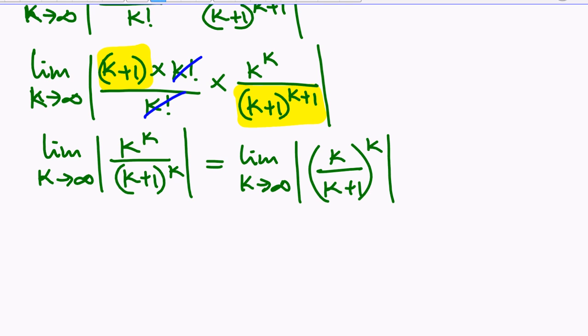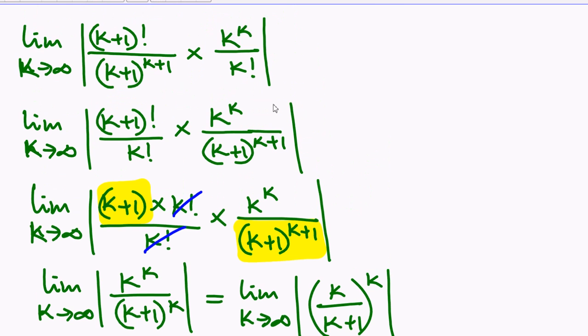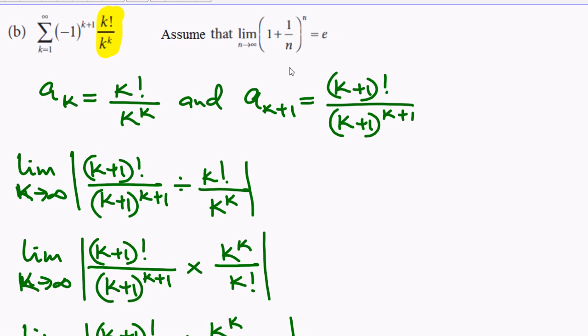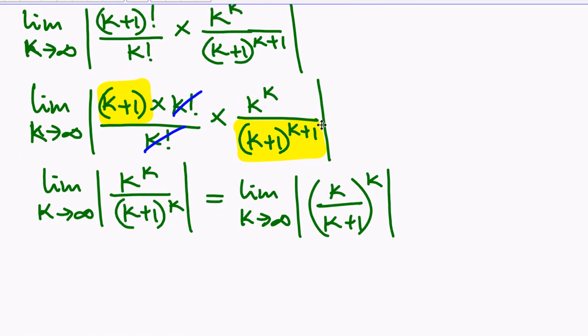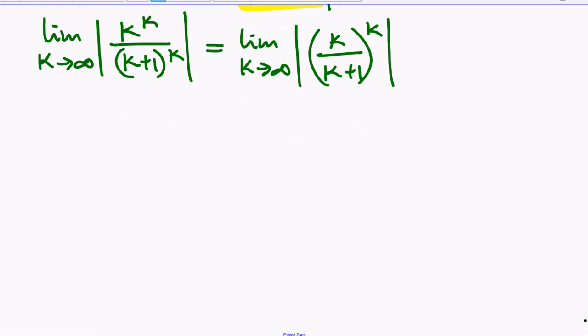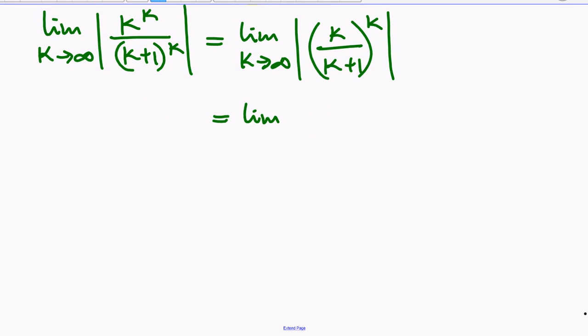All right, now we've been given, way up here, that the limit as n approaches infinity of 1 plus 1 over n to the power n is equal to e. So we have to find a way of simplifying this to make it look like that.